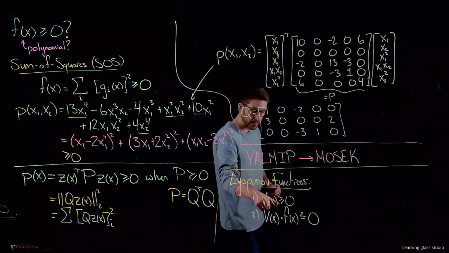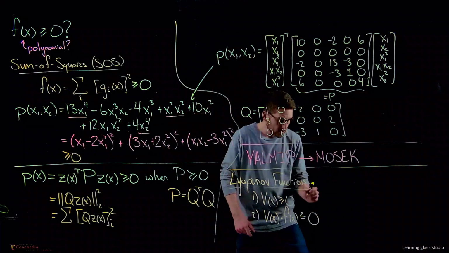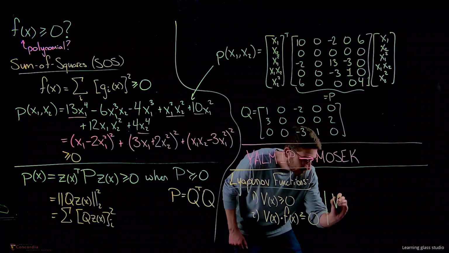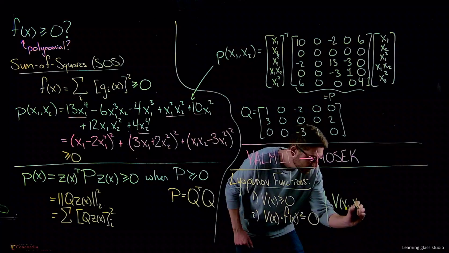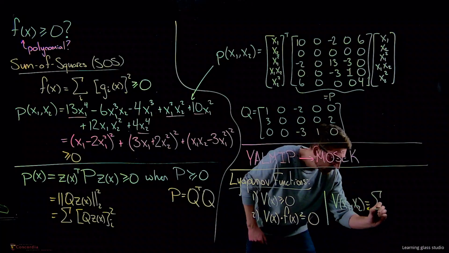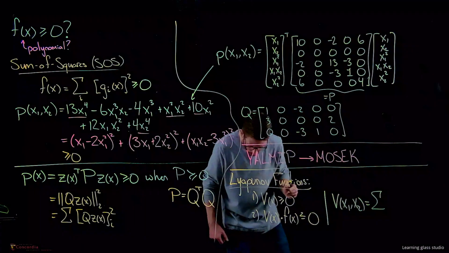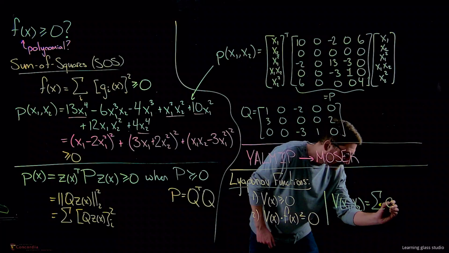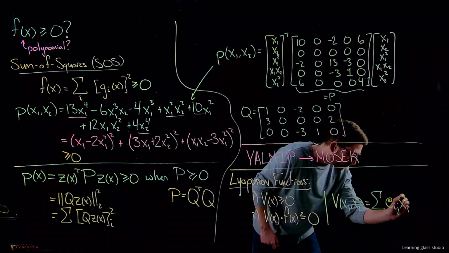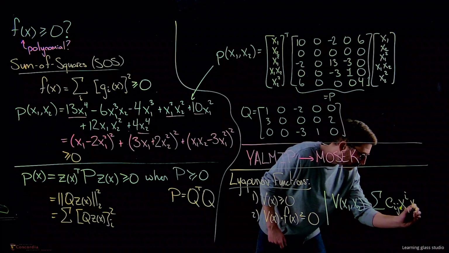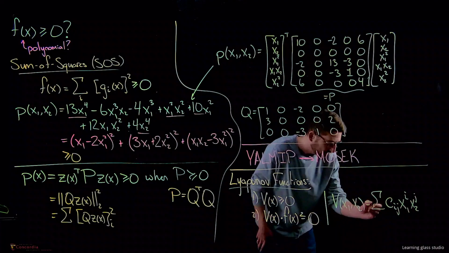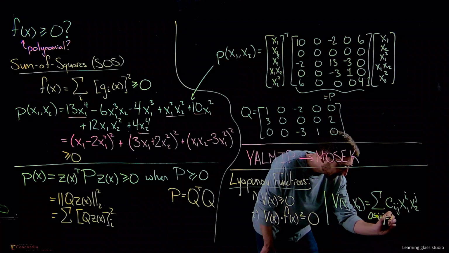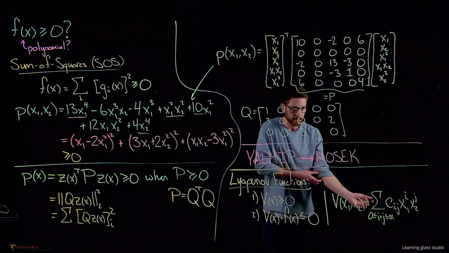These are inequalities. Here's what I could do, though. I could take V to be a sum of monomials. So let's say a sum of, let's call this Cij, x1 to the i, x2 to the j, up to some power. So let's say 0 less than or equal to i plus j, up to the power alpha, for example, right?